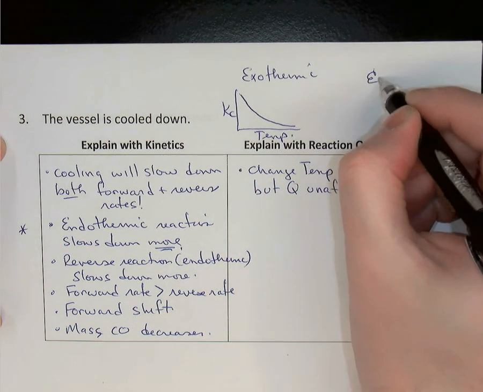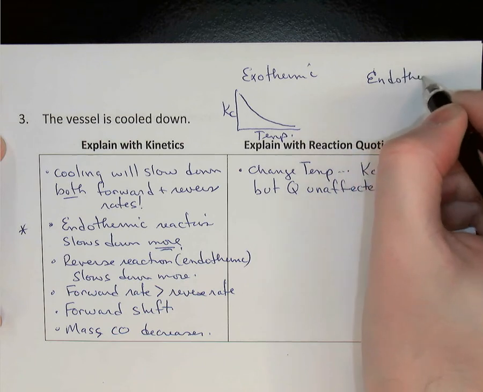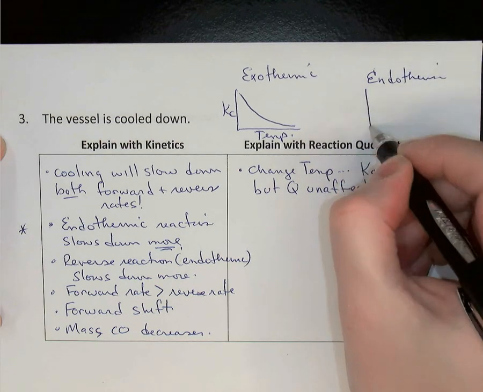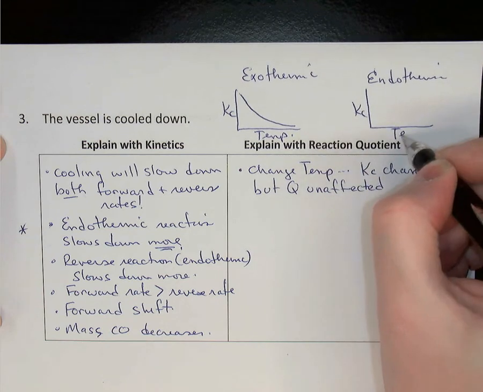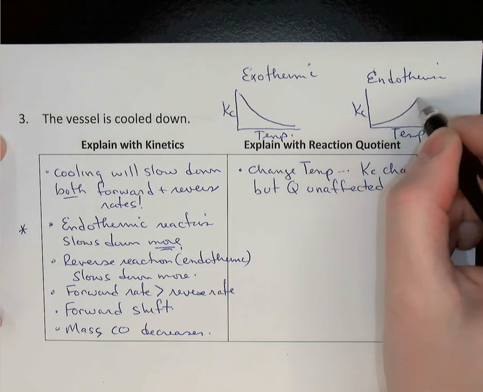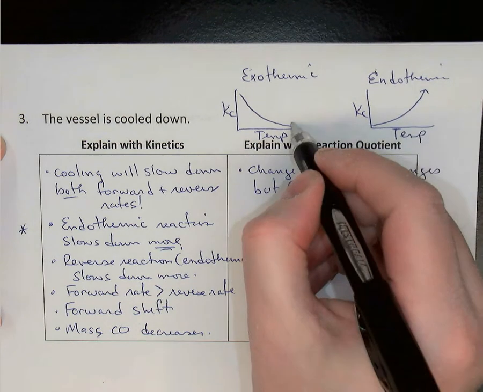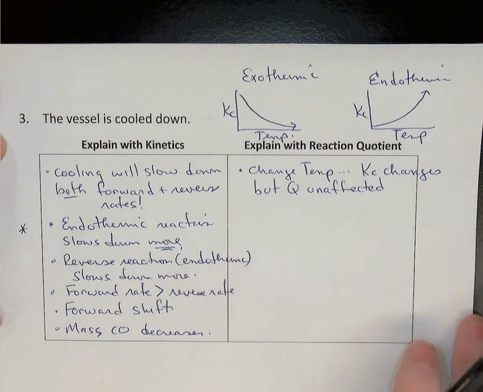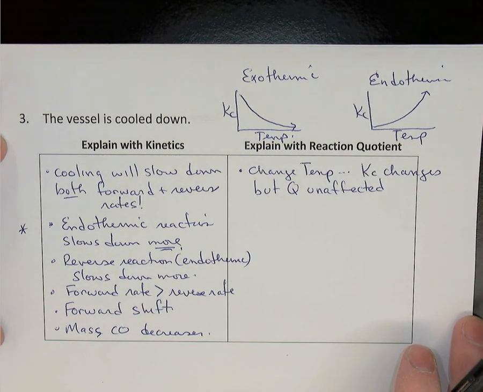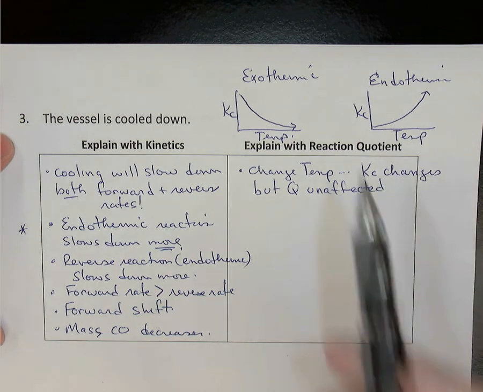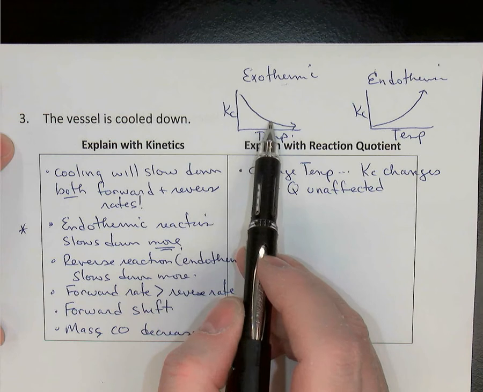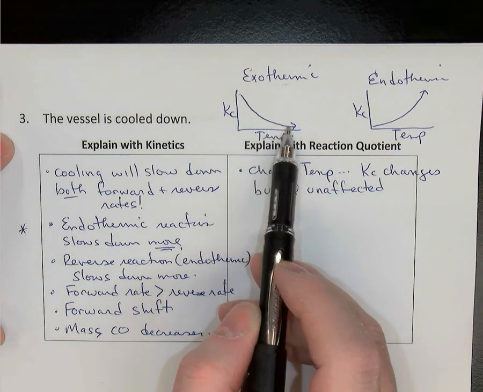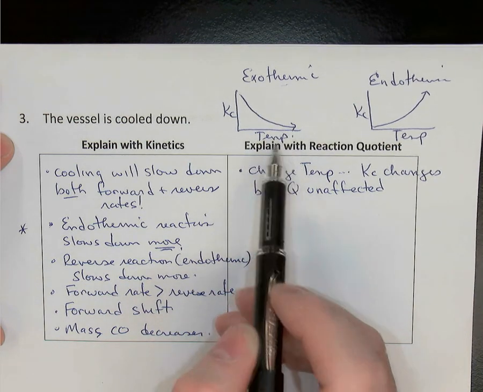In an endothermic reaction, Kc also changes with temperature, but now Kc increases with temperature. So you have to remember those two situations. Now in this reaction, we were told it was exothermic. So Kc will decrease when the temperature is increasing.